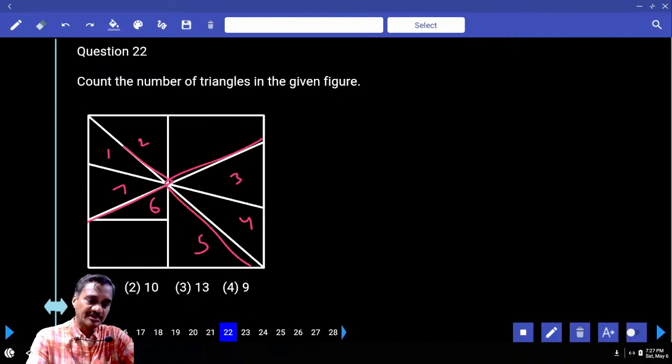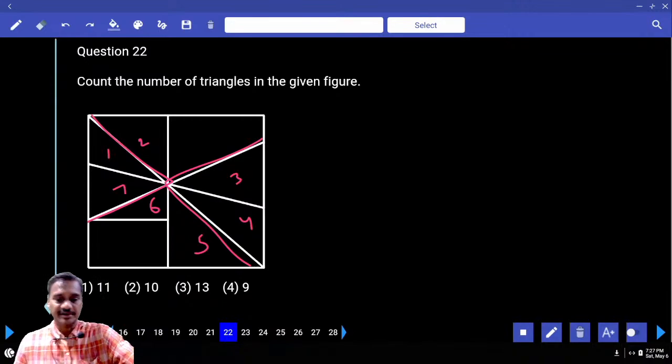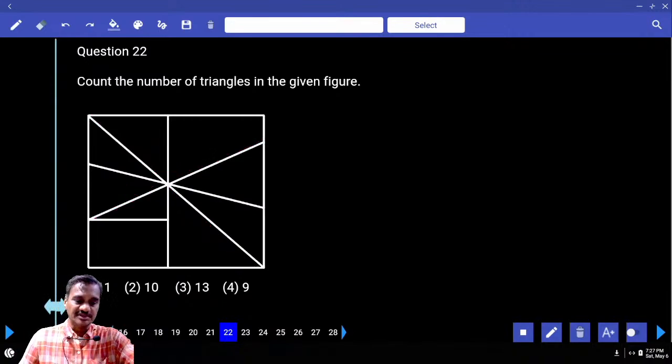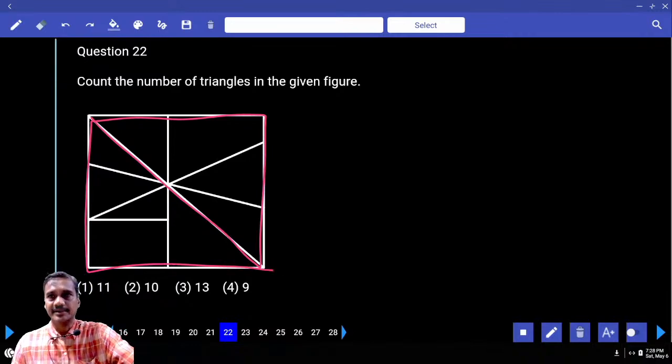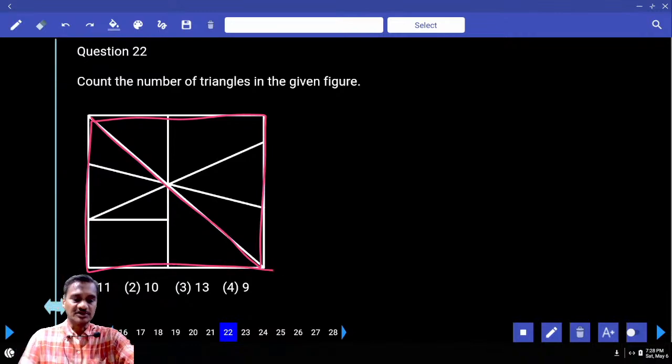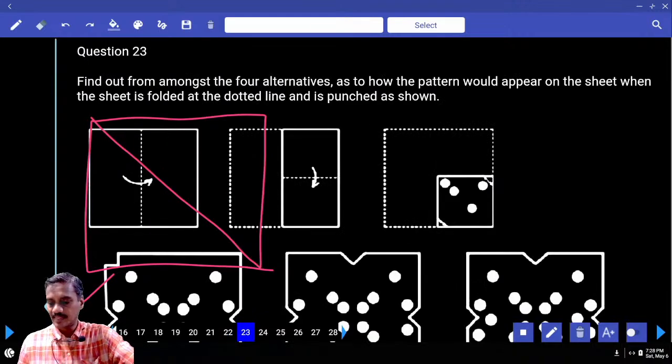And this is 9, a bigger one. Then next one 10 and 11. This is 10 and this is 11. Done? How many are there? 11 altogether. That is choice one.